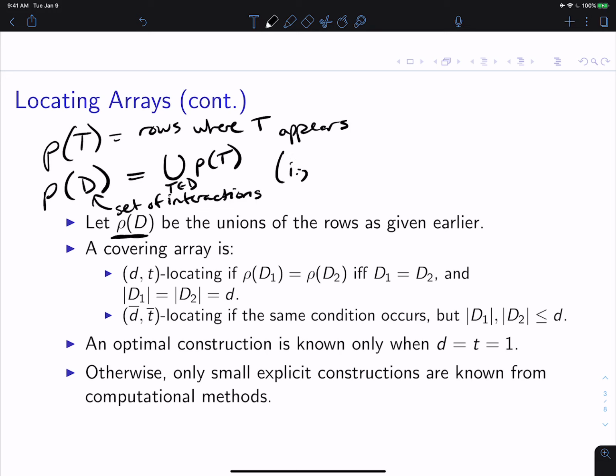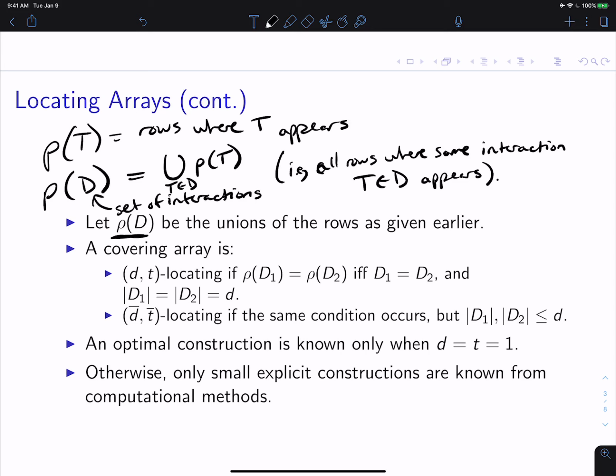So in English, this means all rows where some interaction T in D appears. Because if any one of them appears in a certain row and that row fails, well, that one might be the cause of the fault. We may not be able to determine that this particular one is the fault causer. It may be this set of three or whatever.